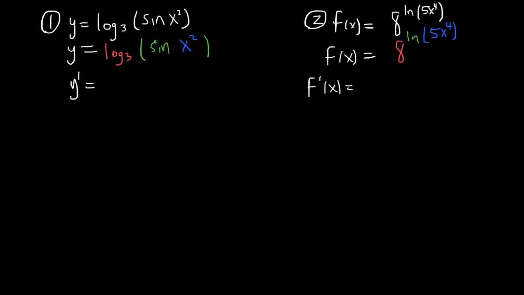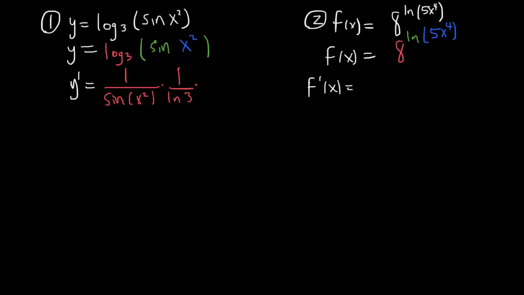So for the first one, I have the log of an argument, and the rule says that my answer should be 1 over the argument, sine of x to the second. So I have to keep the entire argument, times 1 over ln of the base, which is 3, and then by the chain rule times the derivative of the argument, the derivative of sine of x squared.